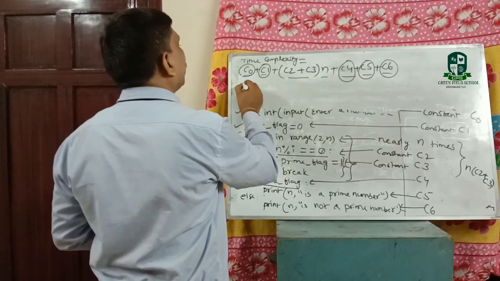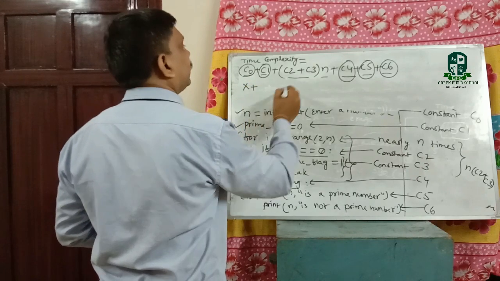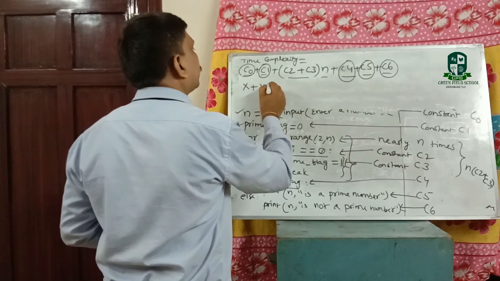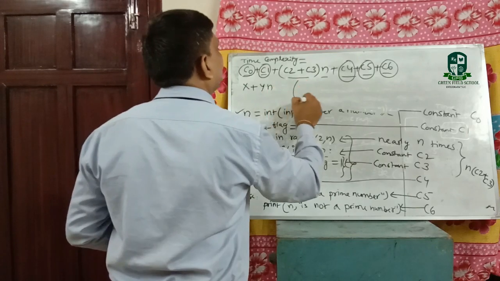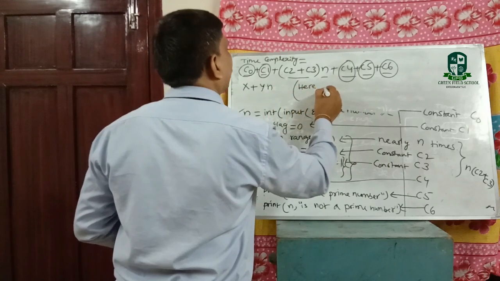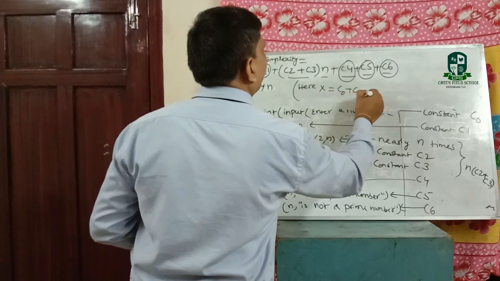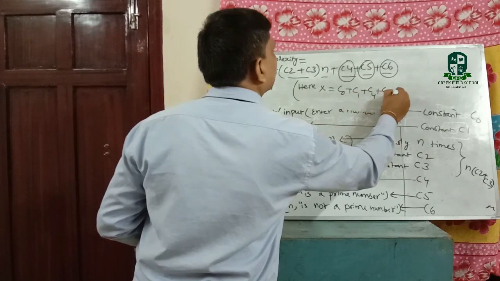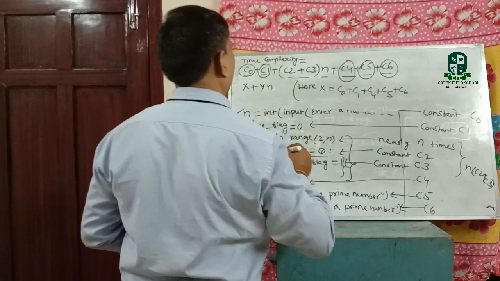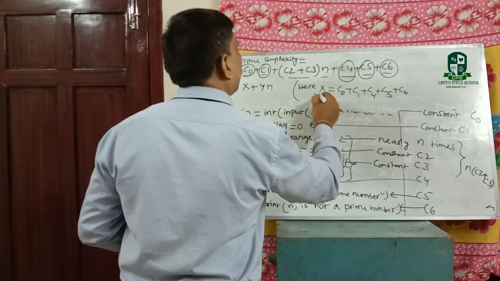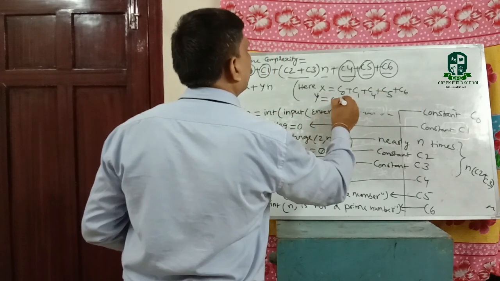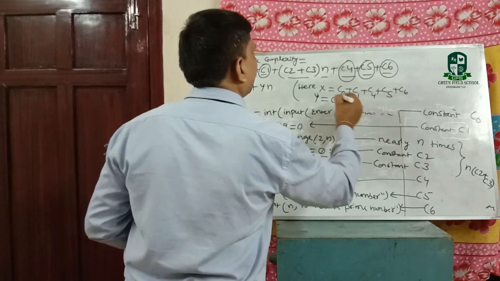So x plus y into n, where x is C0 plus C1 plus C4 plus C5 plus C6, and y is C2 plus C3.